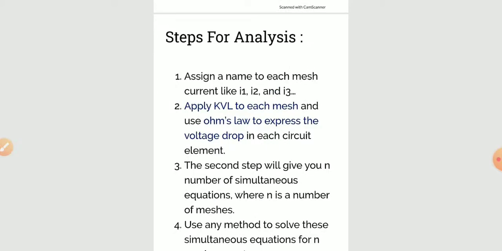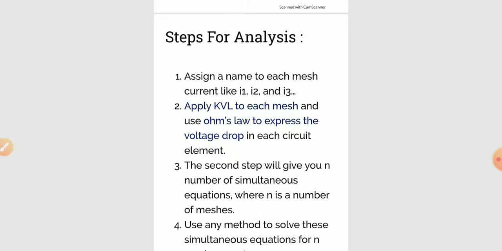There are some steps for mesh analysis. The first step is to assign a name to each mesh current like I1, I2 and I3. It means firstly I have to identify the mesh, then assign the unknown current in each mesh like I1, I2 and I3 and so on.